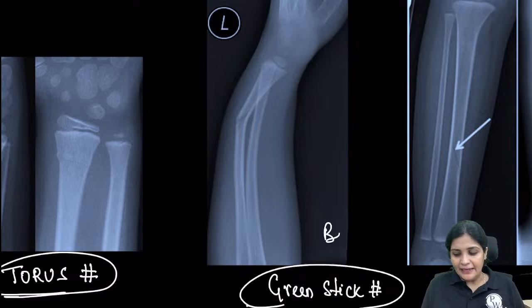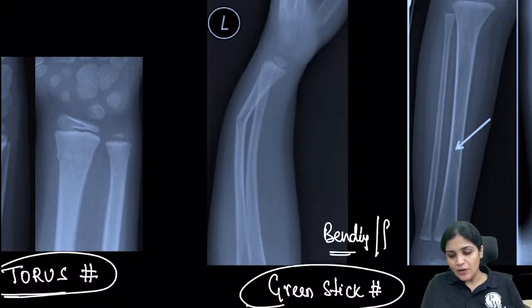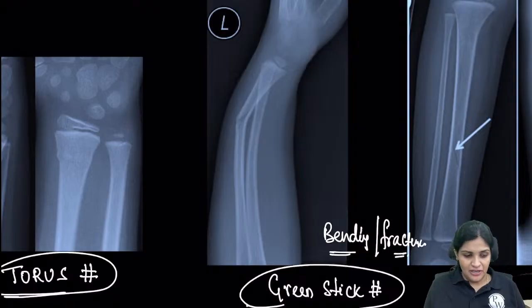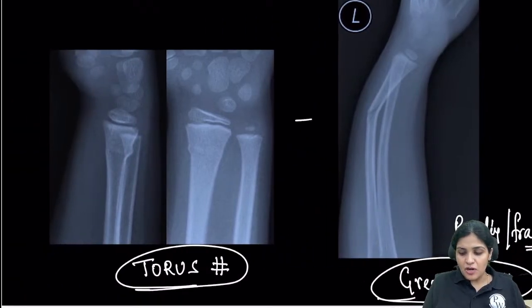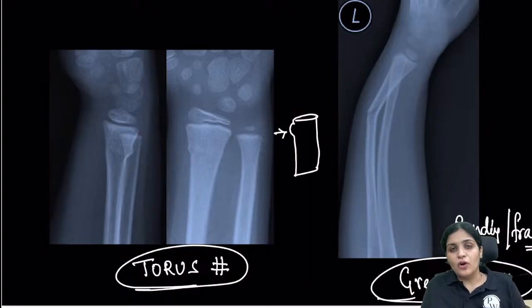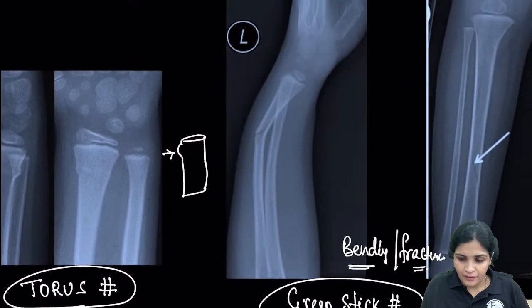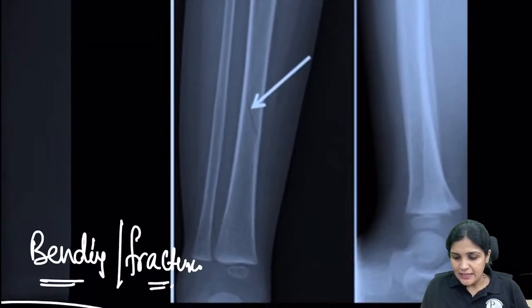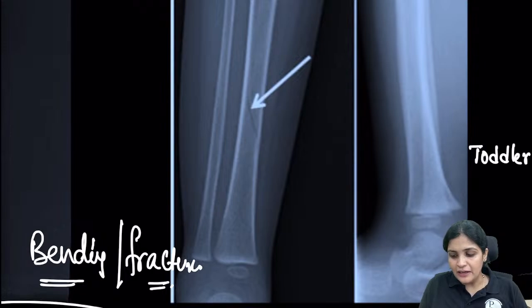There is a bending, right? There is a fracture at one end and a bend on the opposite side. So that is your greenstick fracture. What is torus fracture? Torus is something like this. This buckling of the cortex is called the torus fracture. Okay. And what is this? This is a simple tibia fracture which is called the toddler fracture.